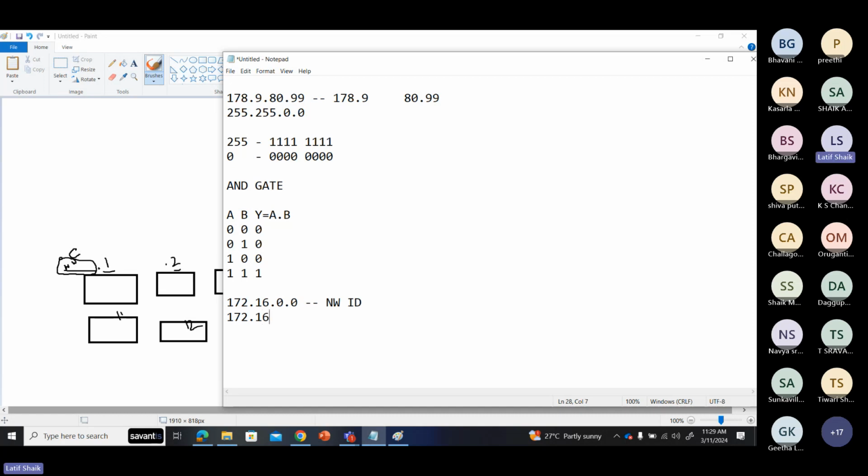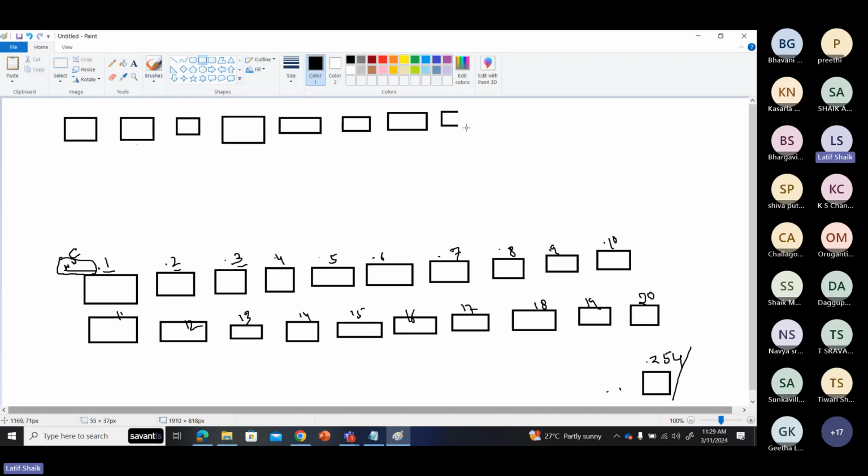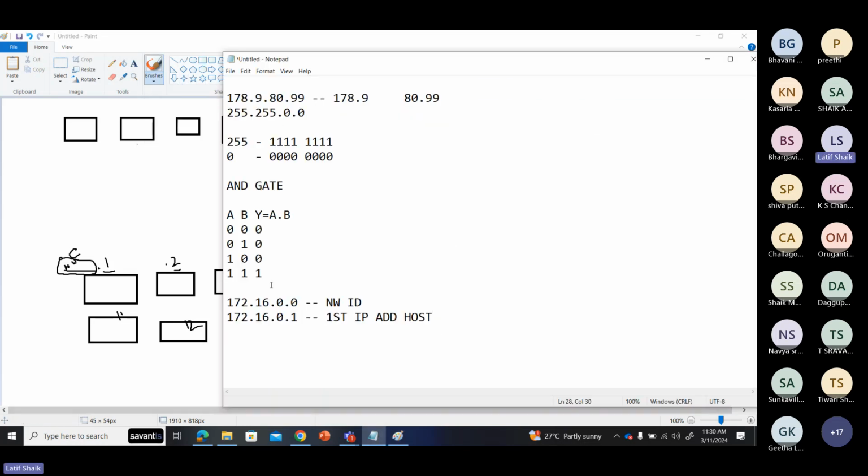This is the first IP address, the first valid host that I can assign to a host. Again, I have taken multiple devices, and I am assigning one by one in sequence. The important part is that this should not be changed. This is where I am going one by one.